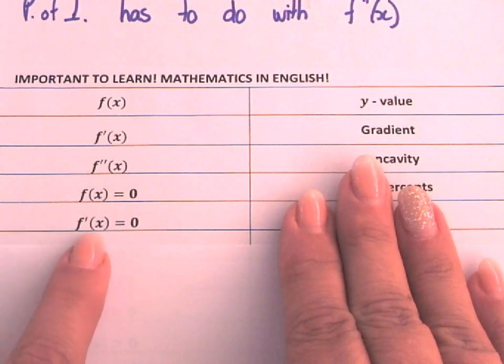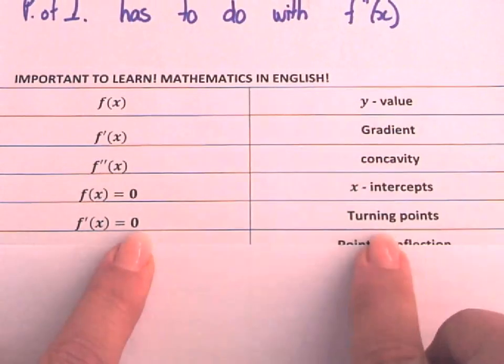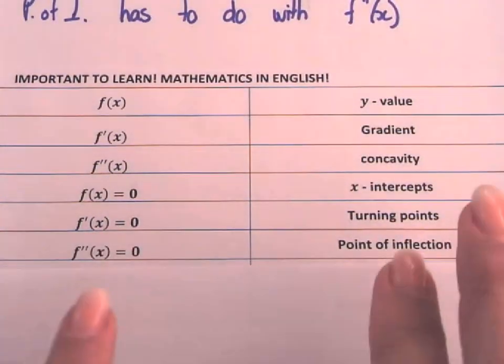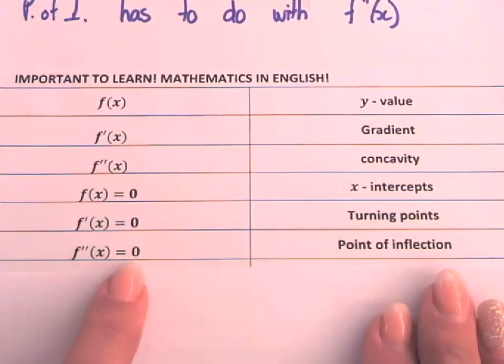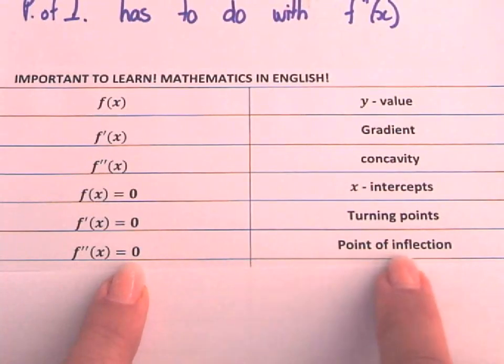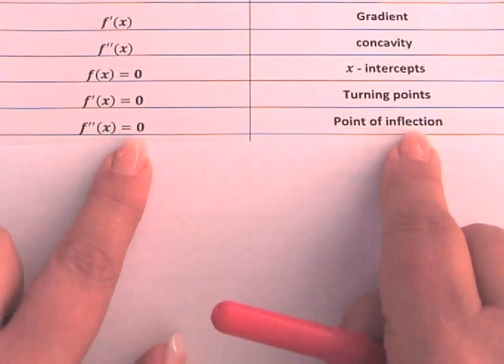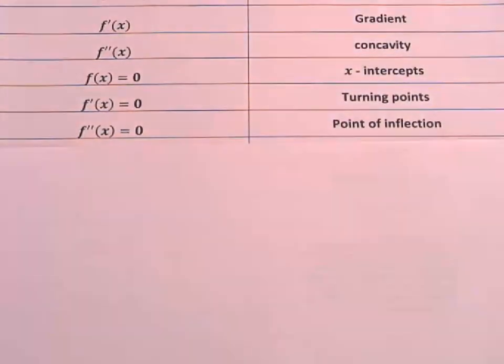Where is the gradient 0? On the turning points. If I say the second derivative is 0, I'm actually talking about point of inflection. These things you have to go and learn.